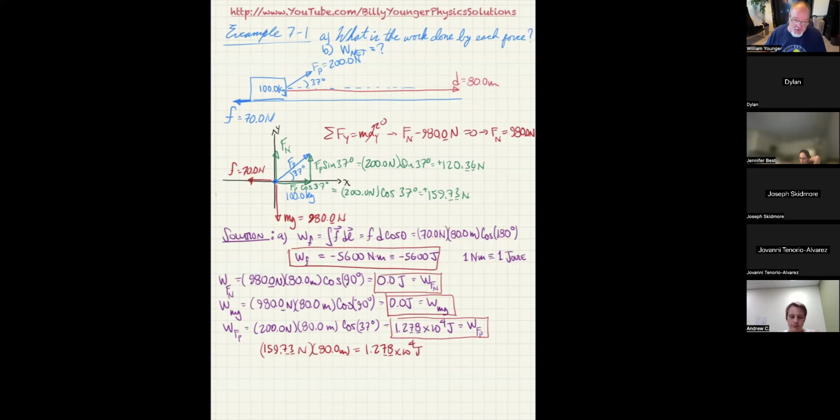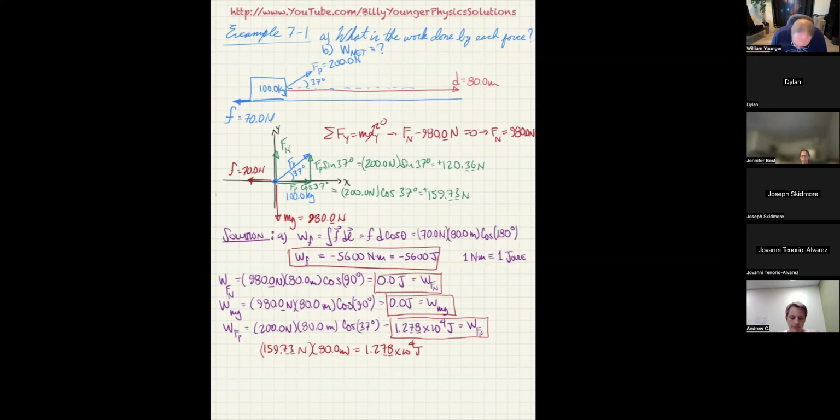So you get exactly the same number. That's the main part I want to show you here: breaking that vector down into two components is something you normally do when you're doing a free body diagram. But when you do the dot product in a work problem, that's done automatically by the dot product, so you don't have to do that. But hopefully that gives you a better understanding.